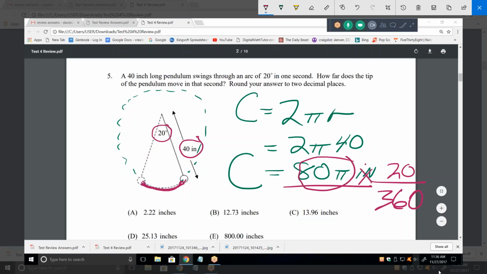I can take a guess. 18 goes into 80 almost 5 times, so I'm going to guess one of those two numbers. Well, I don't know why this is taking so long. Okay, I can do it, but in the future, have your calculator on and ready to go, always in front of you. Should be 13.96.